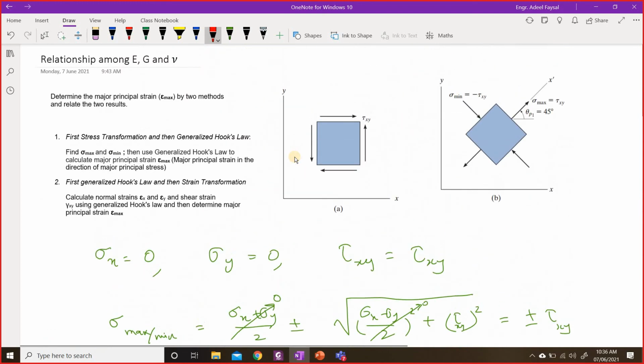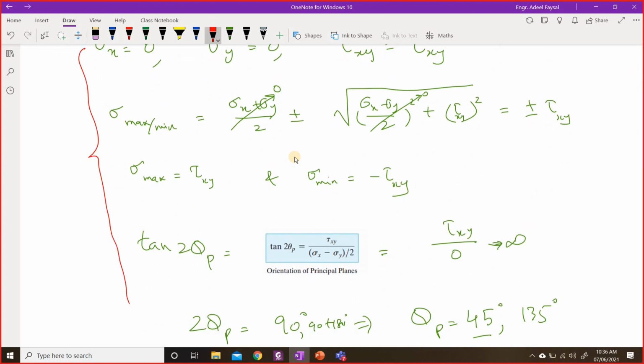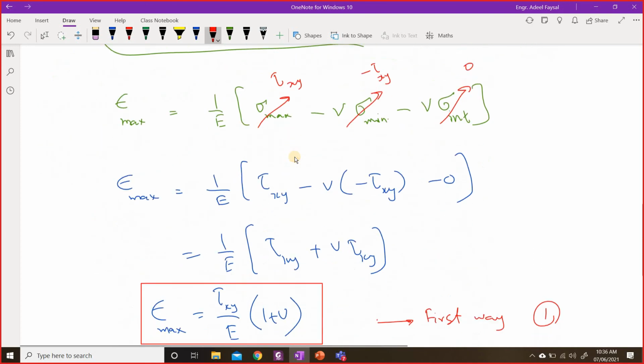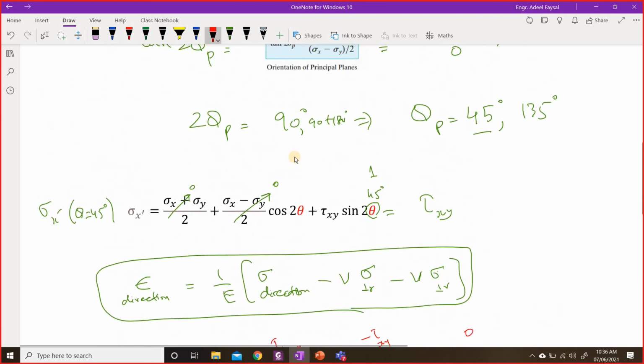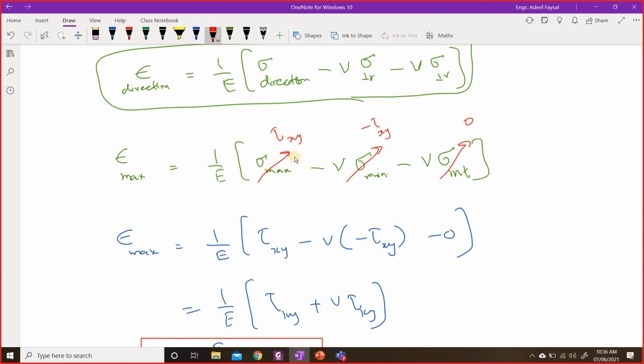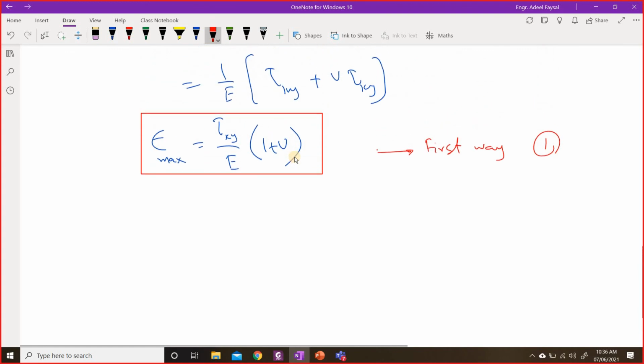As we said, in this case we first performed stress transformation, all the way down up to this step, and after that we used generalized Hooke's law. So this was the route that we took. This was the first way of finding the major principal strain, epsilon max.